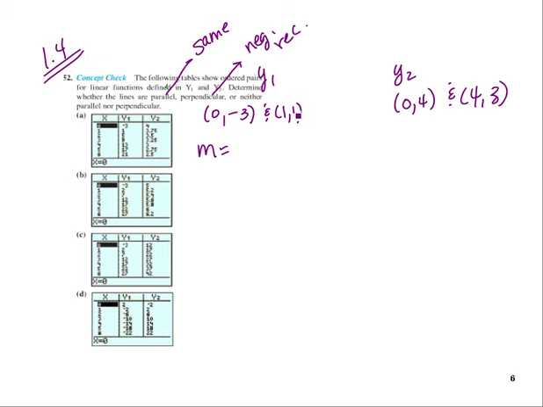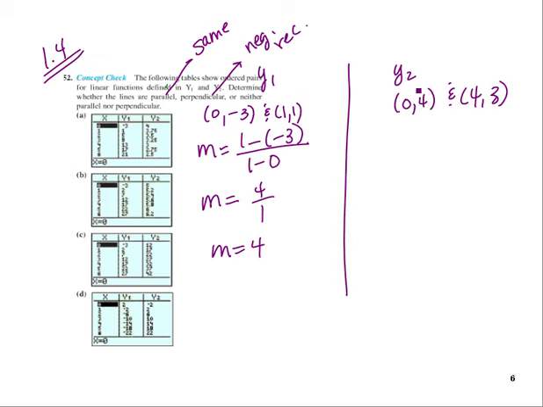So we would have to do y2 minus y1, 1 minus -3, over x2 minus x1, which is 1 minus 0. So that's 1 plus 3, or 4 over 1, which is 4. For the second equation, the slope is 3 minus 4 over 4 minus 0, which is -1/4.